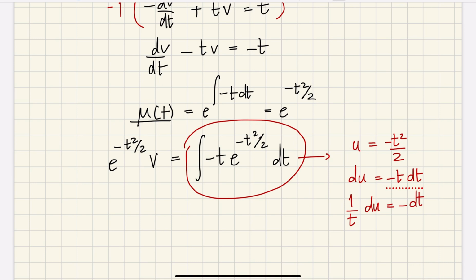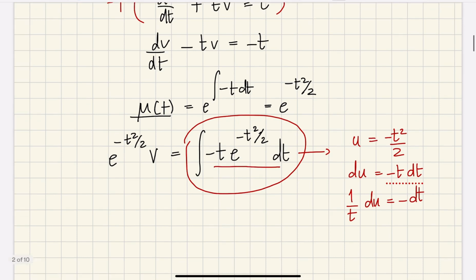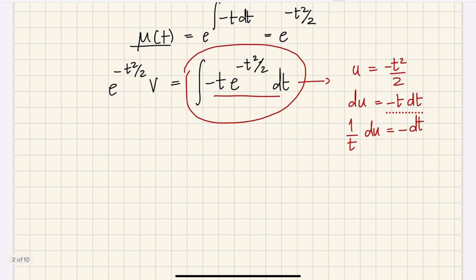Now if I substitute all of this here, I will get e to the negative t squared over 2 times v, that remains the same, is equal to the integral of e to the power u du, which is e to the power u plus c. If you don't know substitution for integration, let me know in the comments and I'll make a video on that.